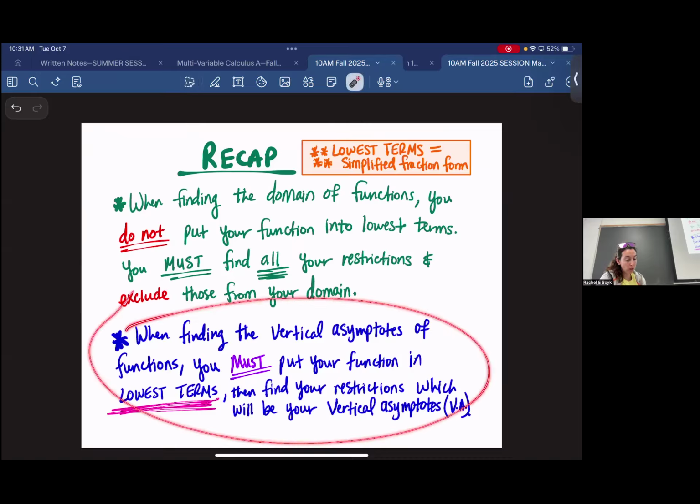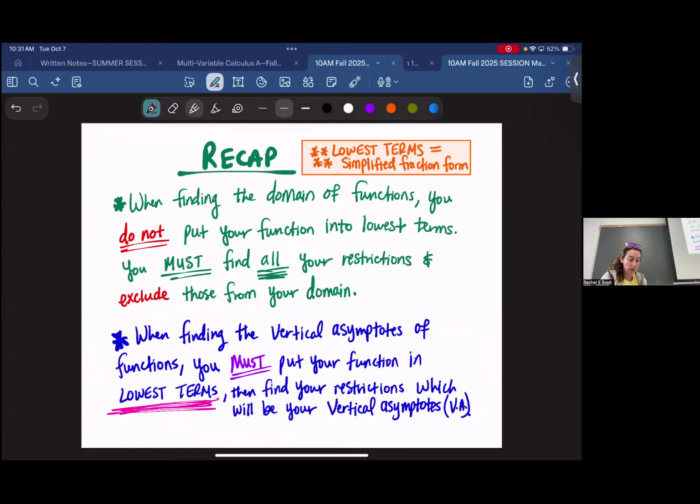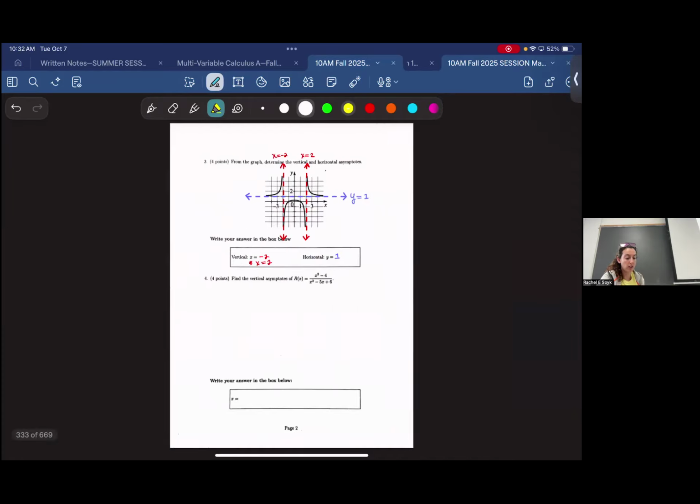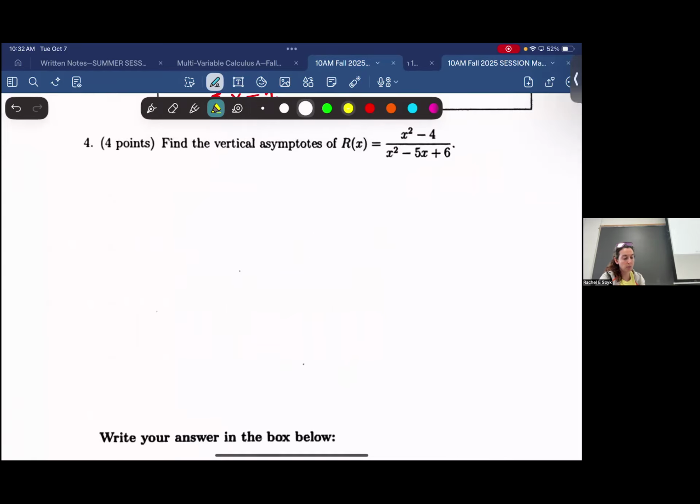So we're really honing in on that second one when we're solving question 4 on our quiz. We want to simplify the fraction first to its lowest terms, and then we figure out what our vertical asymptotes are.